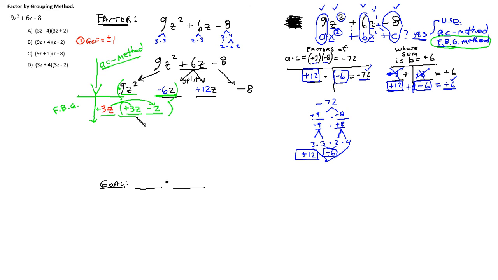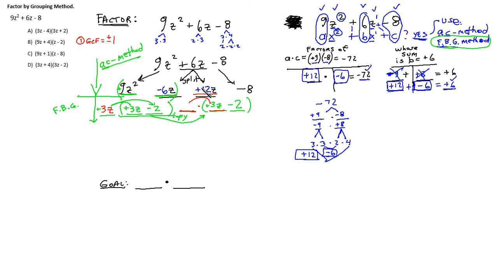Okay, in my version of factor by grouping, I'm going to copy this remaining binomial under these last two terms. I'm just going to copy positive 3z minus 2 under these last two terms, and then ask myself, what would need to belong in this blank so that everything I need times this first term gives me positive 12z back.